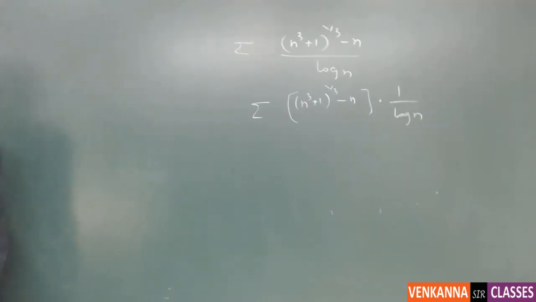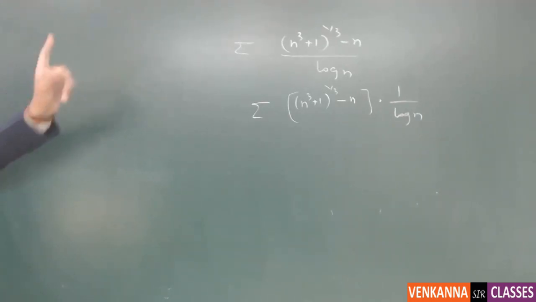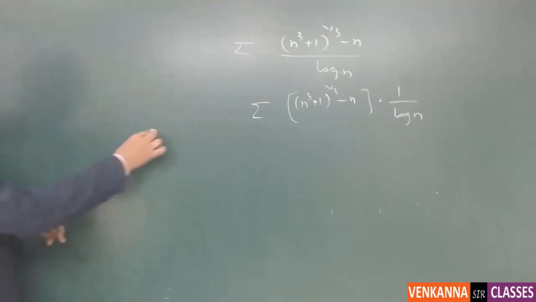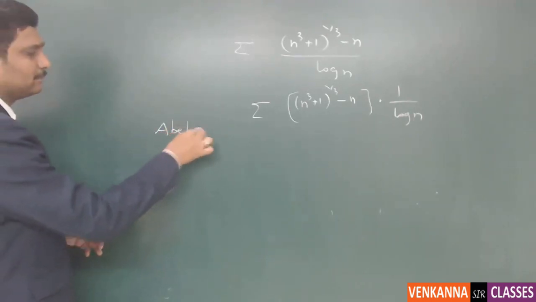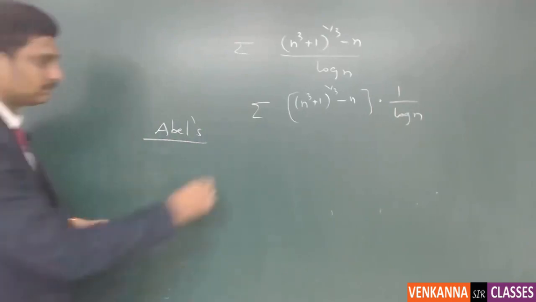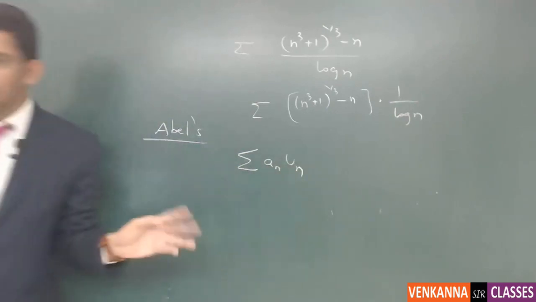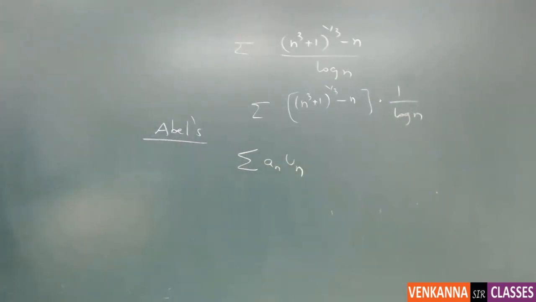Right. So the main idea is, whenever the nth term looks like this, there is one interesting concept called Abel's theorem. I don't want to give the illustration of the theorem. It simply says that if the given series is in the product form, say sigma an and un, there are two series. One series is an and one series is un.